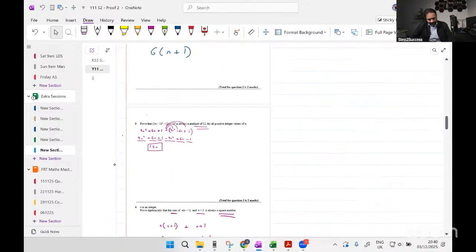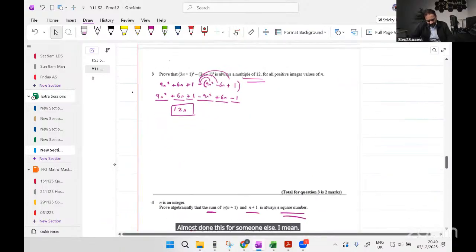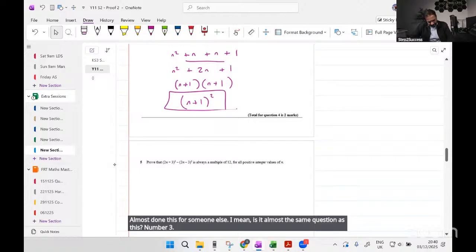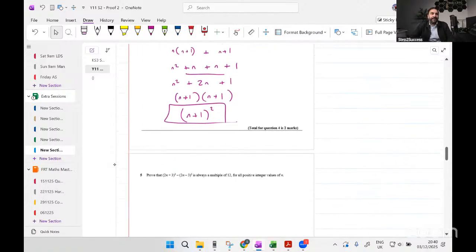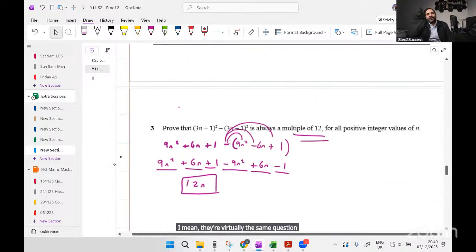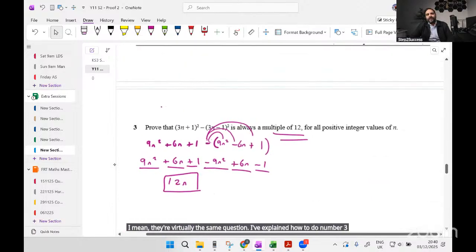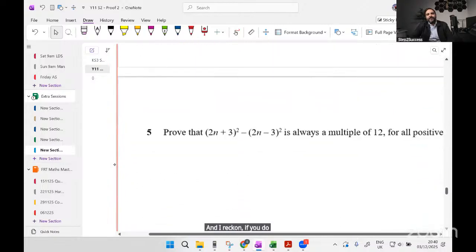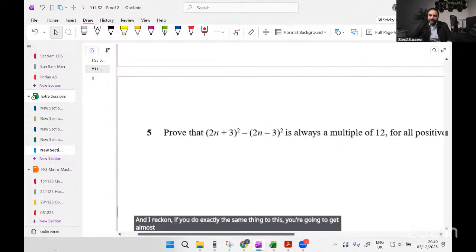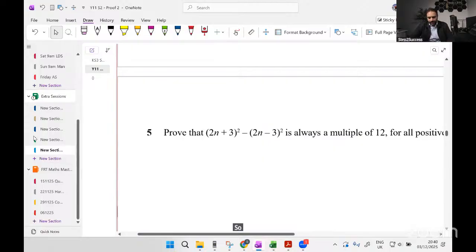I must have done this for someone else. I mean, is it not almost the same question as number three? I mean, they're virtually the same question. I've explained how to do number three. You expand all the brackets out and simplify it. And I reckon if you do exactly the same thing to this, you're going to get almost exactly the same answer. So, no.